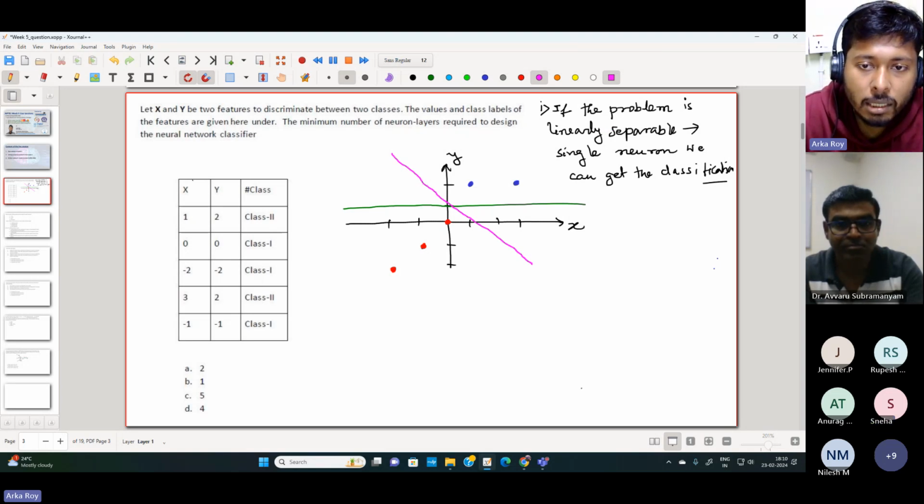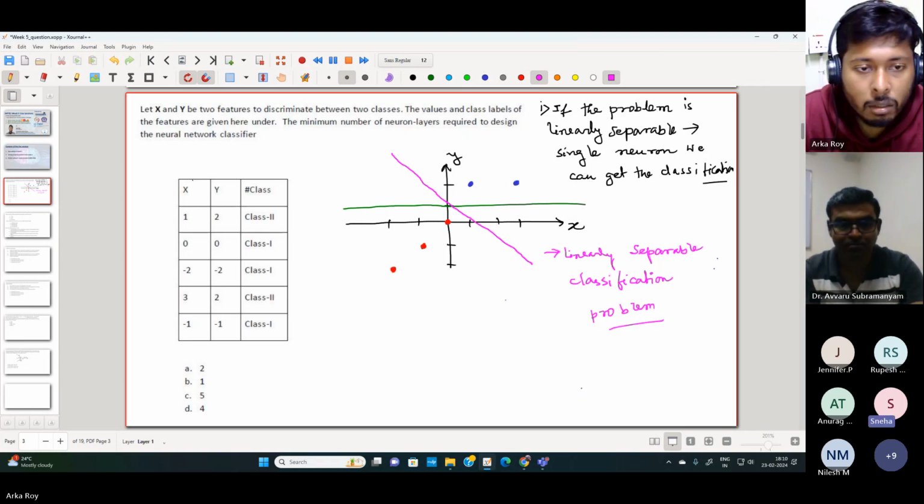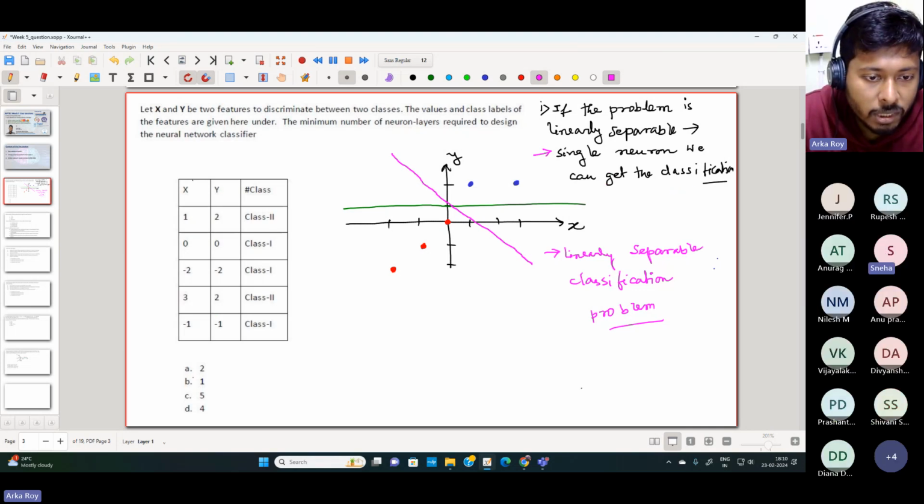But the point is that this particular classification problem is linearly separable. If the problem is linearly separable, then we have seen the assumption is that using just a single neuron, or a single layered network, you can do the classification. So over here, the number of required neuron layers will be 1.